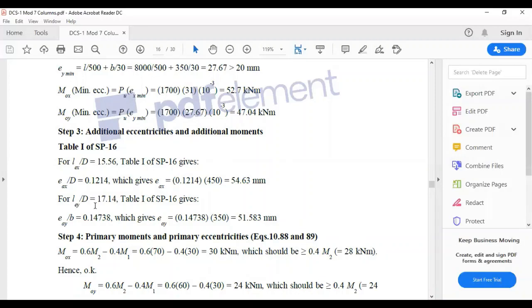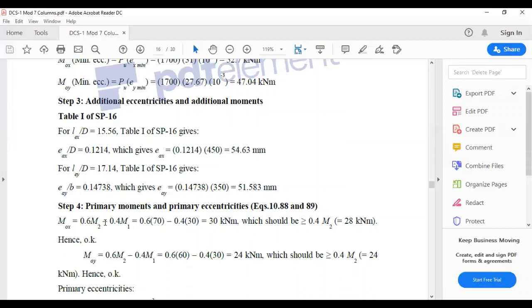Similarly, in table 1 of SP16 only, the value of LEY upon D is given as 17.14. So LEY upon D, if it is 17.14, then according to the value given in the code, EAY upon B is given as 0.14738 in the code itself.